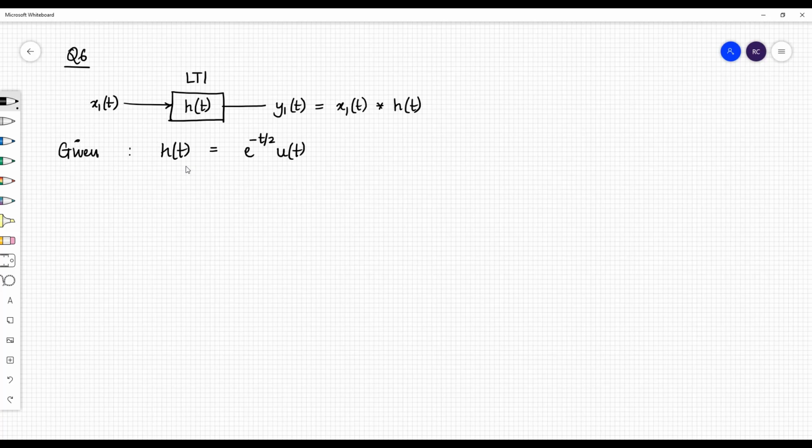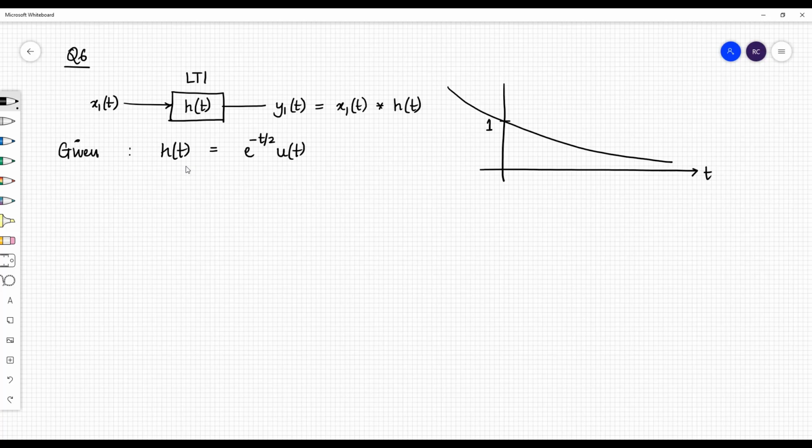So let us see how this h(t) looks. h(t) is a decaying exponential, right? And ideally, how would this e to the power minus t by 2 look? It will be something like this. As t tends to infinity, it tends to 0, and at t equal to 0, its value would be 1.